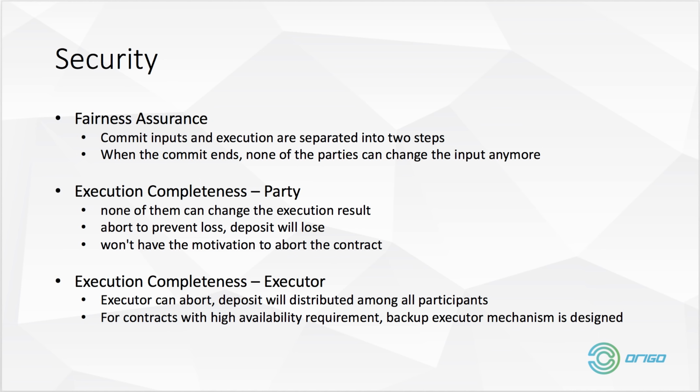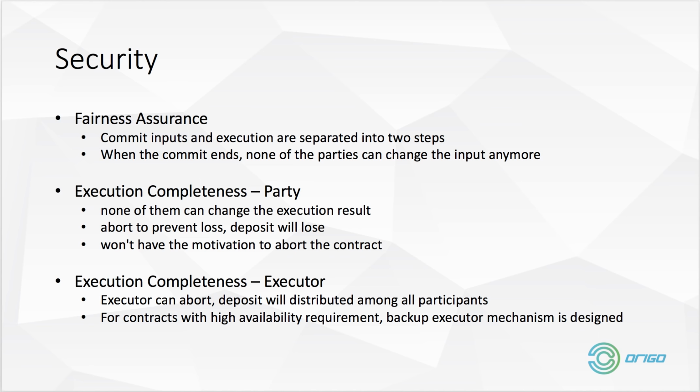So what we will do is make the executor deposit some money, and if he quits, then his deposit will be distributed among all of the participants. So the participants will get some money back in return if the executor doesn't do his job.